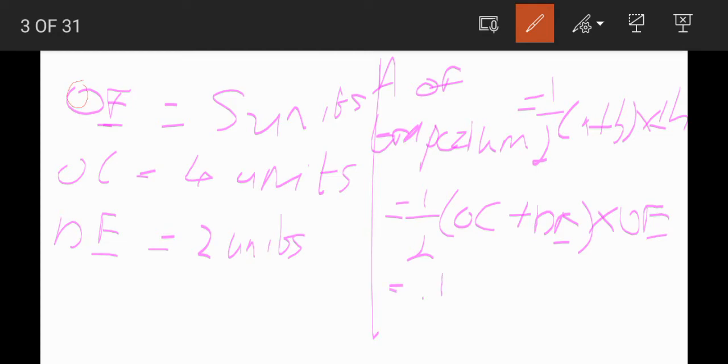So what do I have here? It's half. What's my OC? 4.5 units, right? So it's 4.5 plus my DE, which is 2, multiplied by the 5 units. Punch that in your calculator.